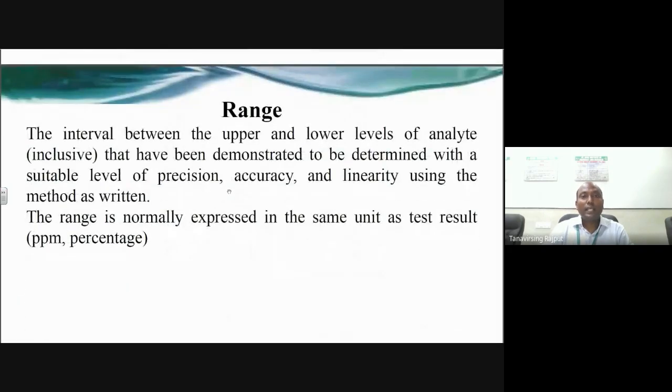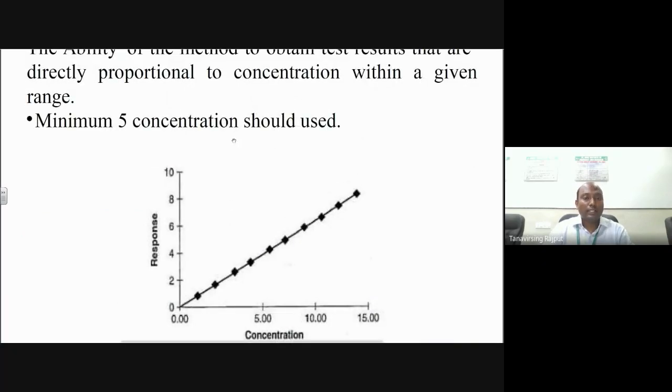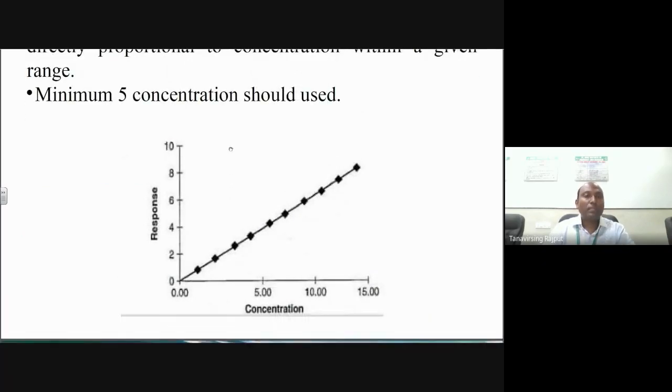Then the second one is the range. We can fix the range of analysis, and whatever analysis we perform, we perform within that particular range. How can we select the range? The range is selected based on our linearity study. For example, here we are preparing the metformin solution from 2 ppm to 10 ppm. Then 2 ppm is the lowest limit and 10 ppm is the highest limit.